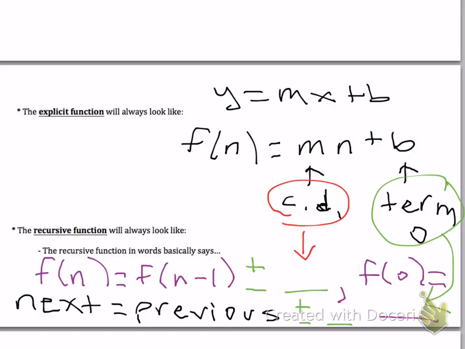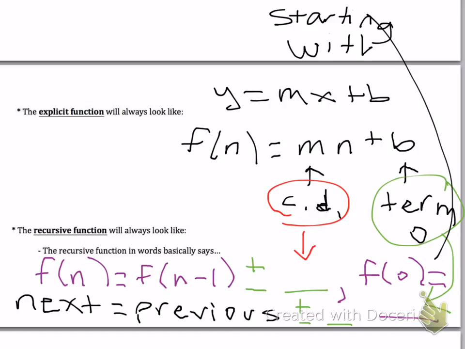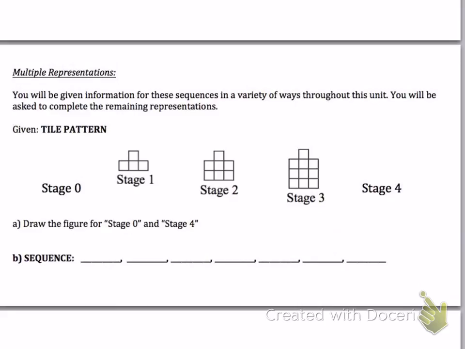And this f of 0 right here means starting with. Sorry for all the chicken scratch, guys.